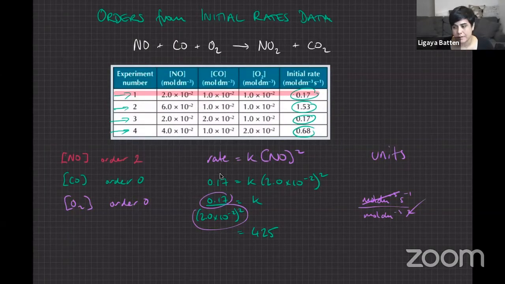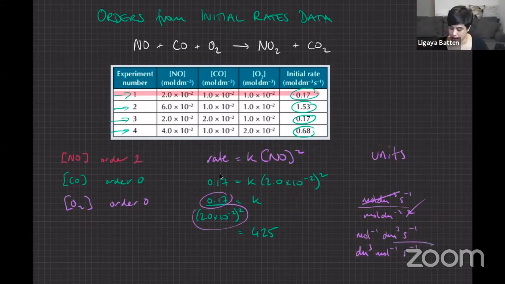So the standard is to then bring the moles per decimeter cubed up by changing the power signs. So it would become mol^-1 dm^3 s^-1. And then again, the standard is to do the positive ones first, so we'd write dm^3 mol^-1 s^-1.